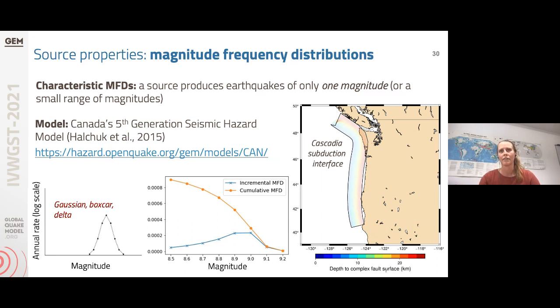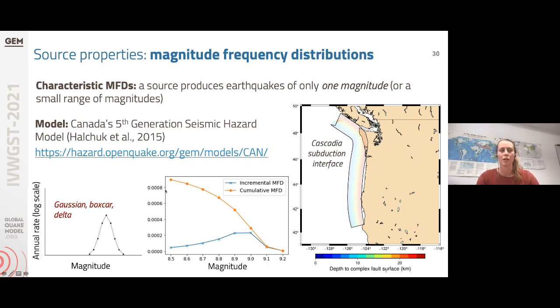And they've used a magnitude frequency distribution that is similar to a Gaussian distribution shown in blue here. And this is showing that the most likely earthquakes are concentrated at about magnitude 8.9 to 9 with a slightly less likely chance between 8.5 and 9.2.